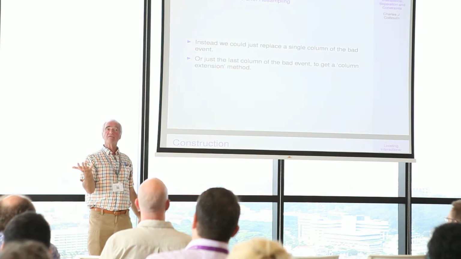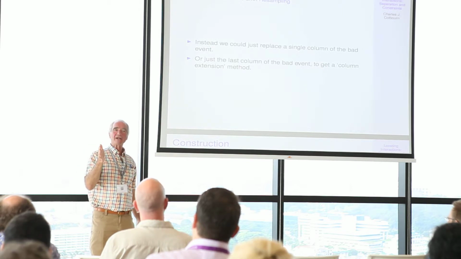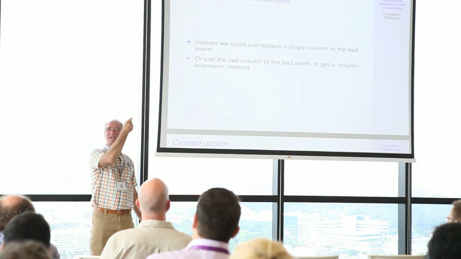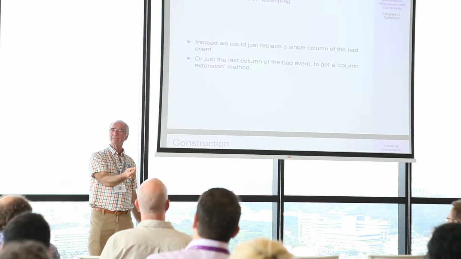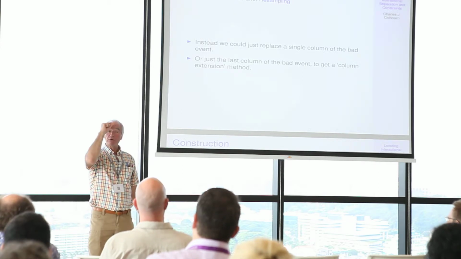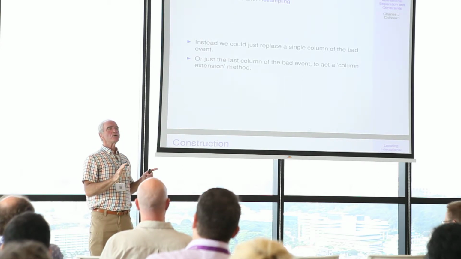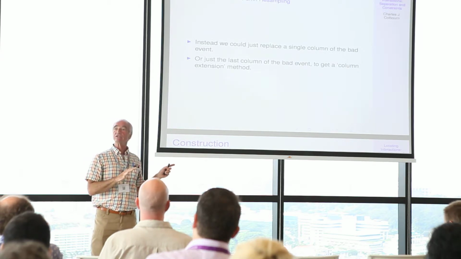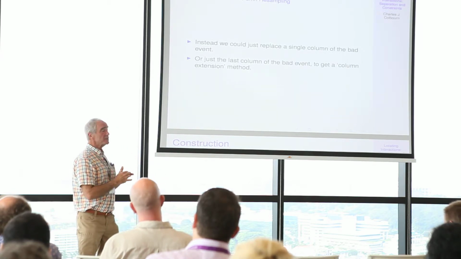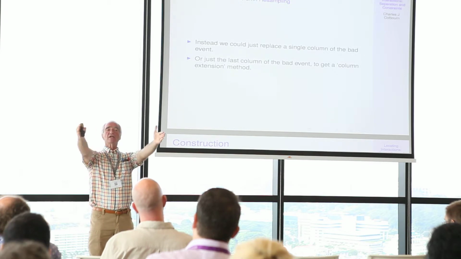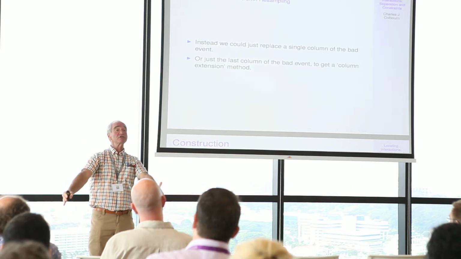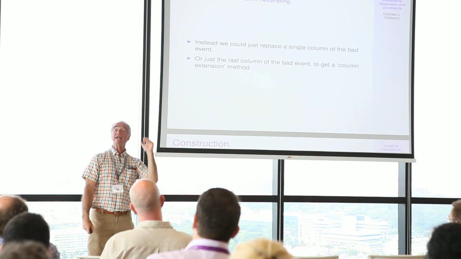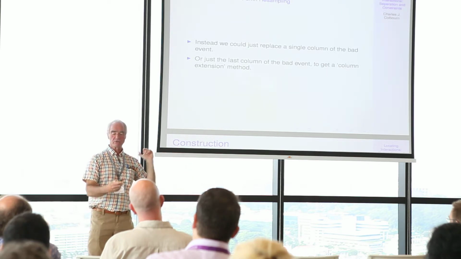A version that appears to work even better is to always replace the last column in the bad event. If you do that, of course, you lose some of the guarantees of how it's going to run. But what happens is that you get whole chunks of the matrix that never change, and this becomes a way of adding columns, adding factors, to an existing array.